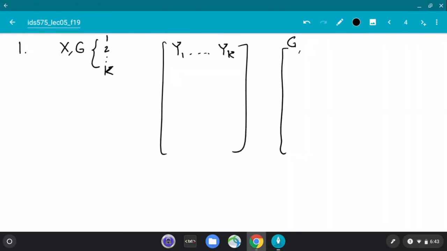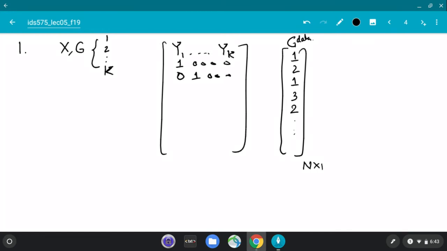Let's say G was class 1, class 2, class 1, class 3, 2, and so on in your data, an n cross 1 vector. This is the output variable in this classification problem. Instead of this, you would do the one hot encoding: 1, all zeros; 0, 1, all zeros; 1, all zeros; 0, 0, 1, all zeros. So this is one hot encoding. Everybody is familiar with this.